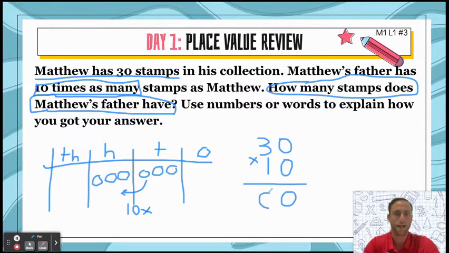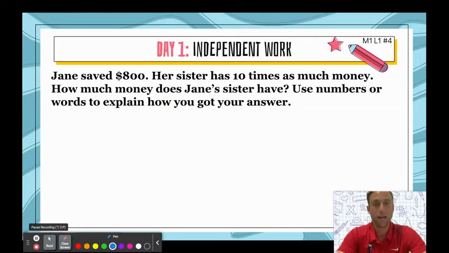We should also know anything times 0 is 0. I'm going to cross this off here and use it as a placeholder as I now use my 1 to multiply. 1 times 0 is 0, but 1 times 3 gets me 3. So my answer when I add it up is 300.